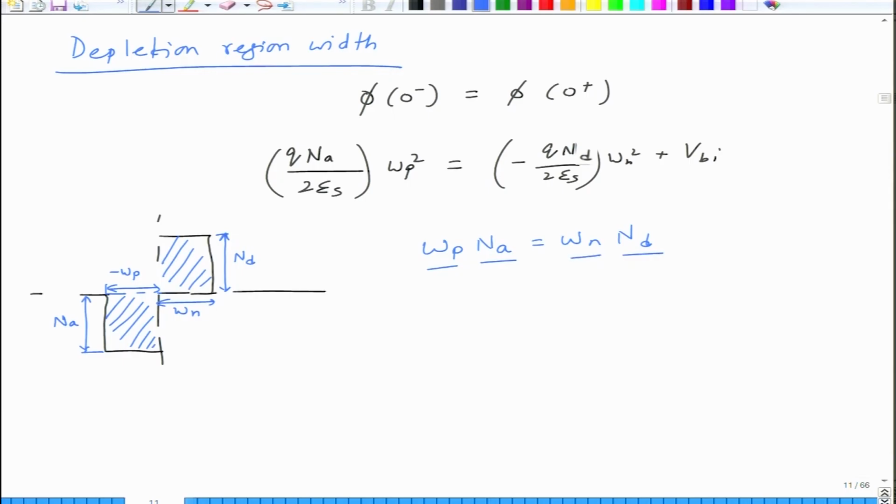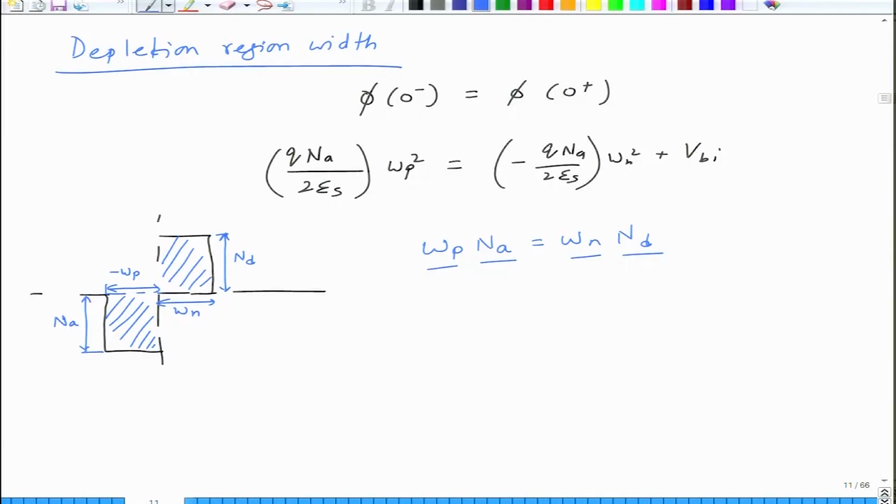However, the positive charge density on one side of depletion region is matched by the negative charge density on the other side. Otherwise you will not have electrical neutrality, or the junction will not be at equilibrium. So, from this I can write down Wp is equal to Wn Nd divided by Na. So, if you now make the substitutions of this in the previous equation, you can calculate what is Wn.